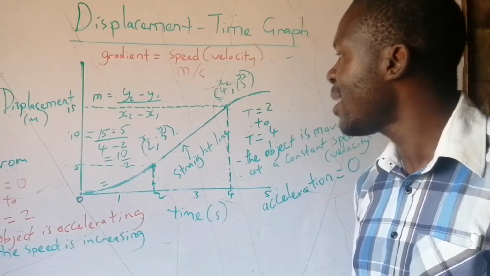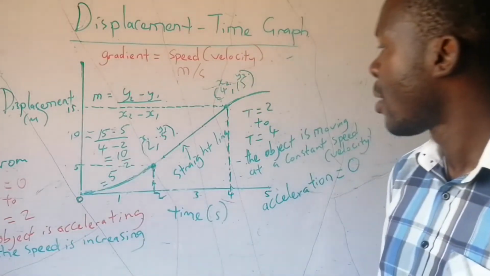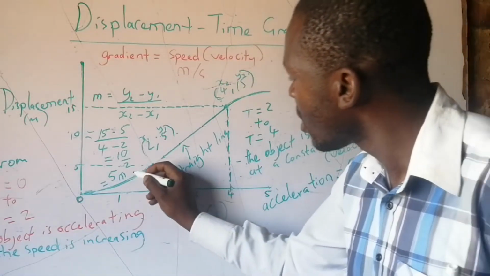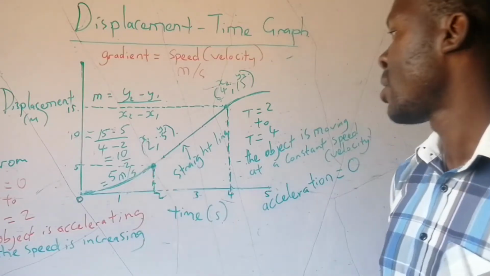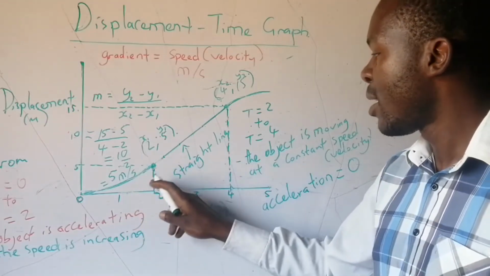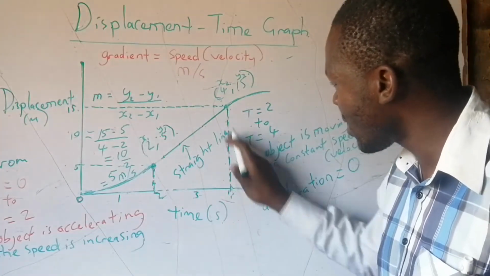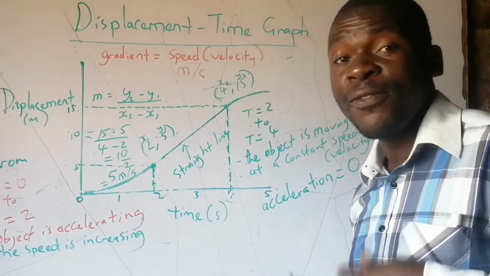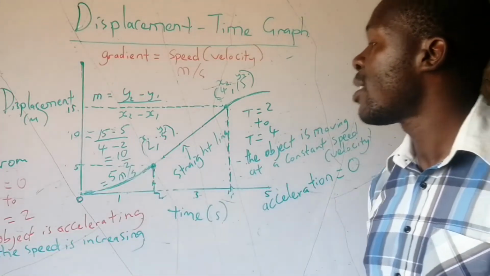Therefore, the gradient is 5, and it's 5 meters per second. So the speed in this time interval from 2 seconds to 4 seconds is 5 meters per second. You just find the gradient. That's the value of the speed.